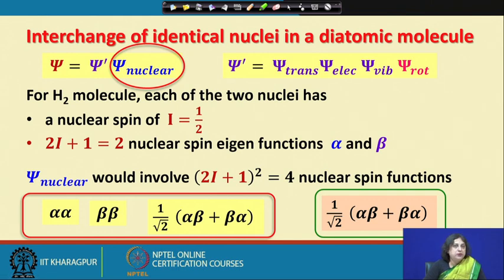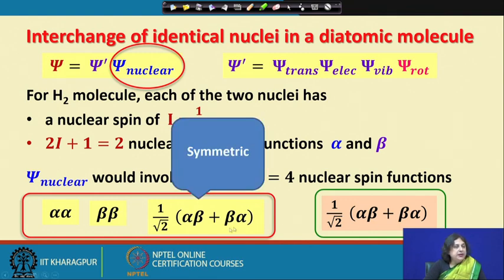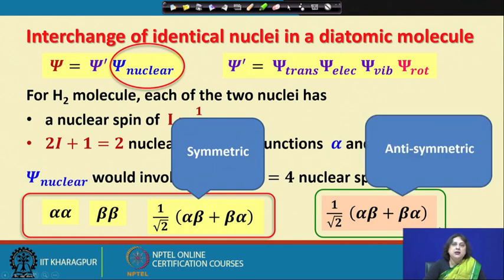That is because if you closely look into the symmetry properties of each of these nuclear spin wave functions, you will find that these 3 wave functions are symmetric with respect to interchange of the identical nuclei, and this one is antisymmetric with respect to interchange of the 2 identical nuclei.